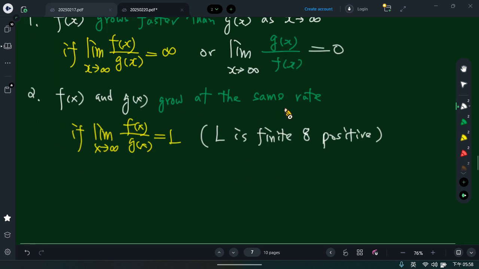If they have the same rate, then when we take the limit of f(s) over g(s) as s approaches infinity, the number should be L. Okay?